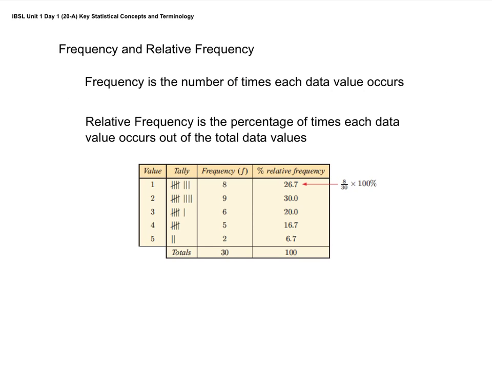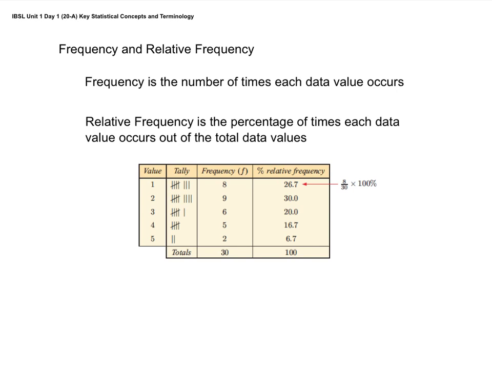All right. Now, frequency and relative frequency. This is actually kind of a big deal. Pretty much every IB exam is going to have a cumulative frequency table, and we'll look at working with these. Frequency, you guys are familiar with that: the number of times a piece of data occurs.